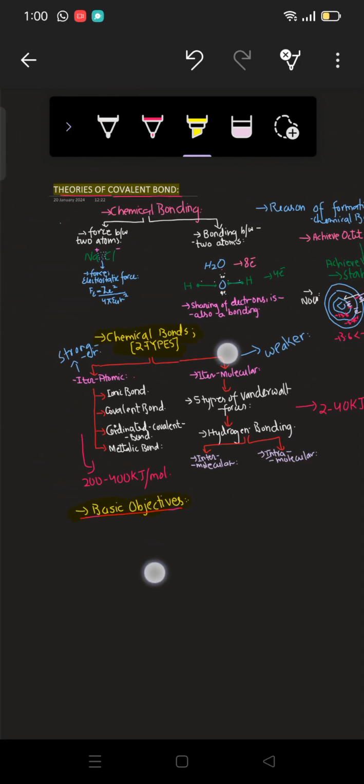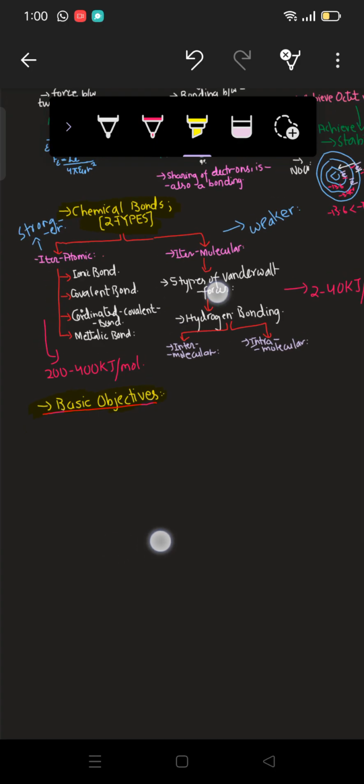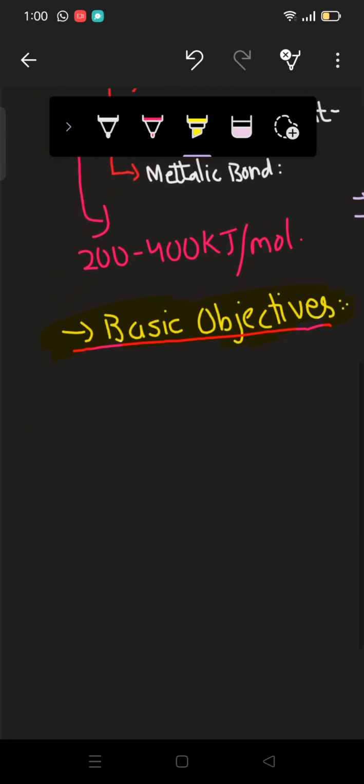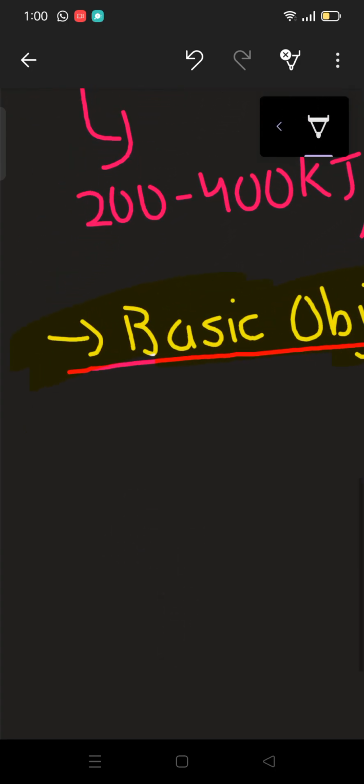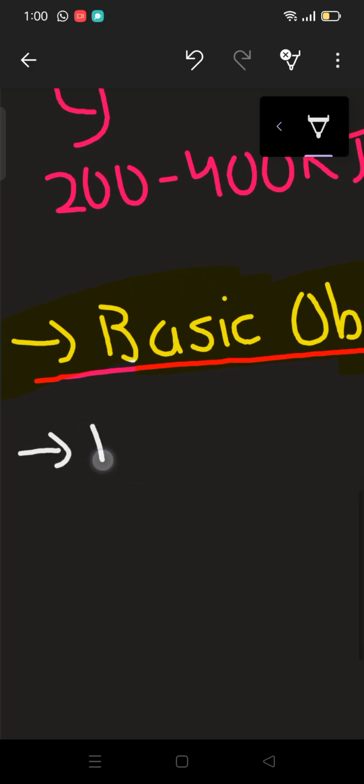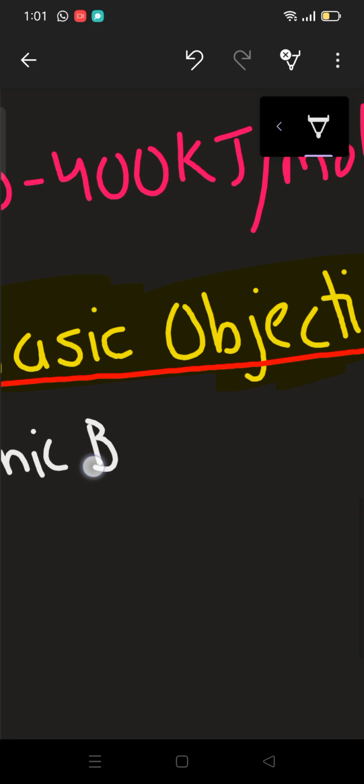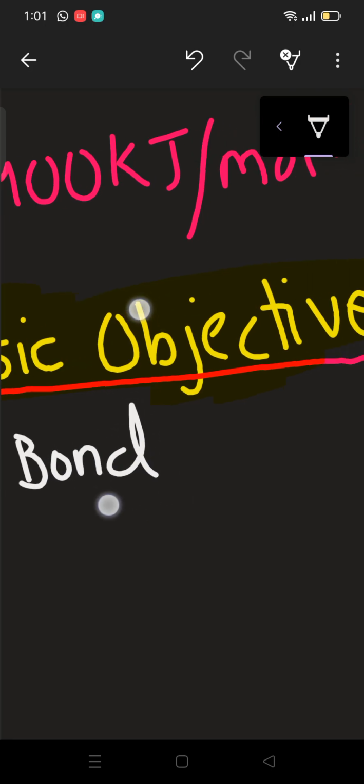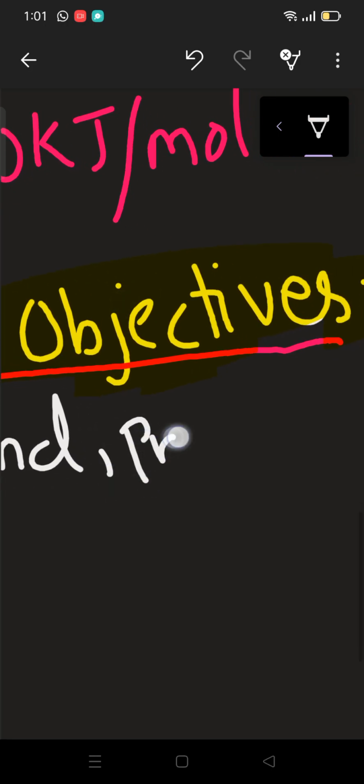As our topic is about the theories of covalent bond, but we're gonna start with ionic bond, right? We're gonna start with ionic bond, its properties, right? Each and every property we'll be discussing here.